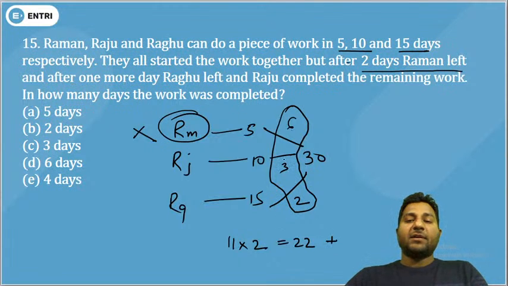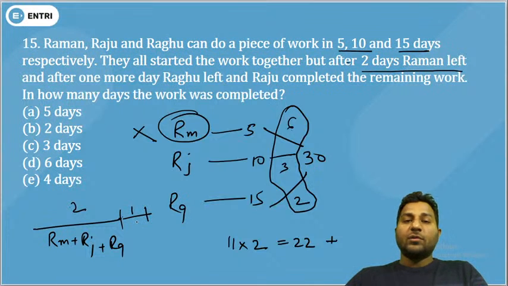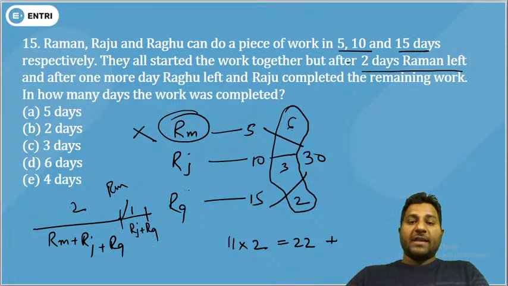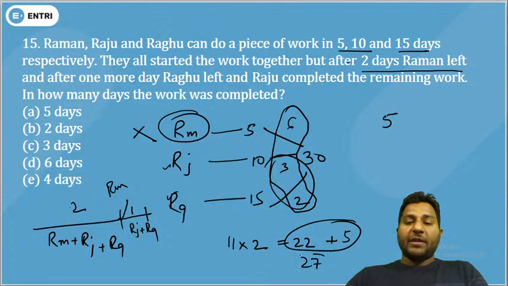So for the next one day Raju and Raghu must have done the work. That means Raju and Raghu must have done 5 work. Okay, so 5 work has also been completed. That means 27 work has been completed. So only 3 work has been left.